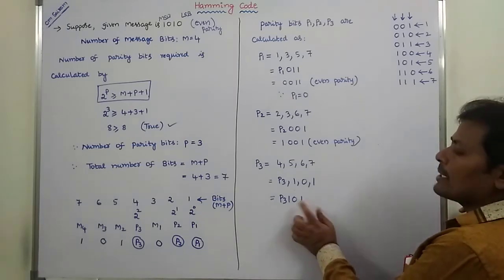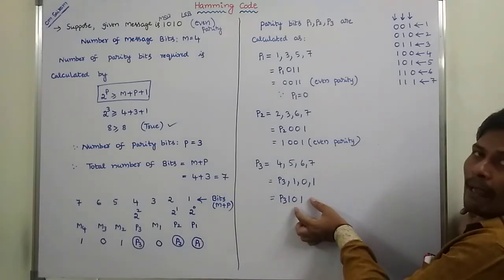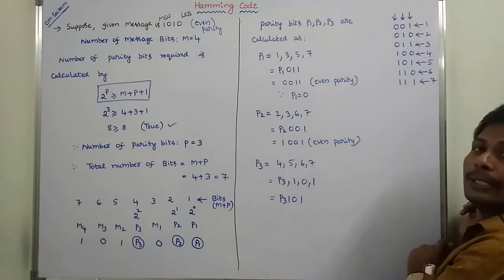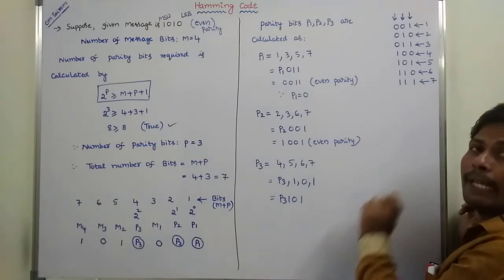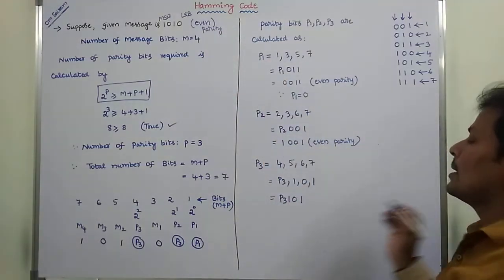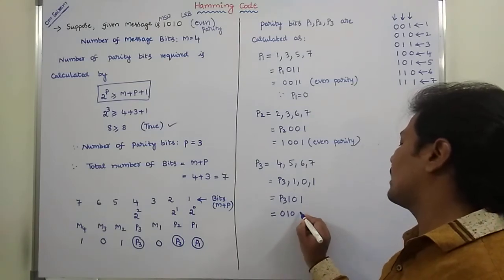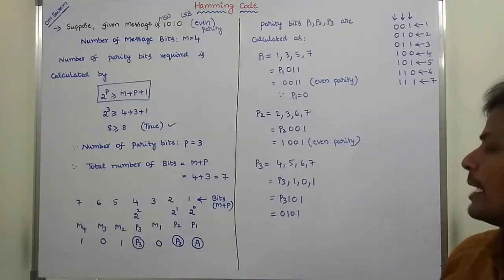How many ones are there? Without considering P3, two ones are there. Two ones is nothing but 2. 2 is nothing but even parity. The message is sent with even parity. So by considering this, P3 value is 0, then it becomes 0 1 0 1.